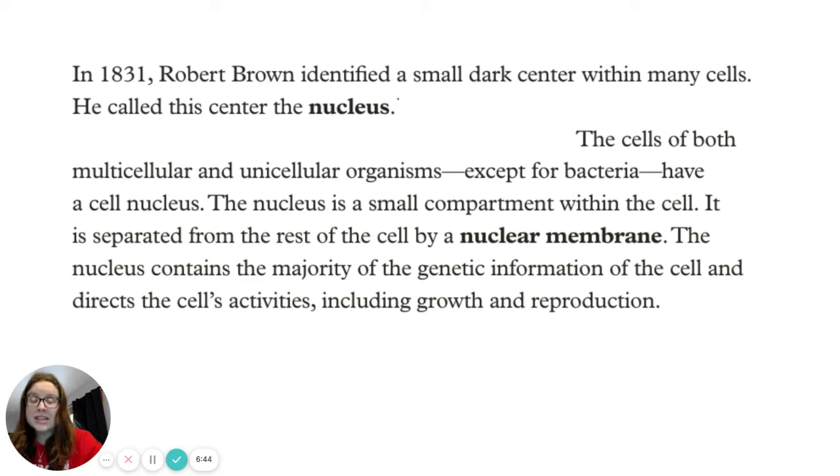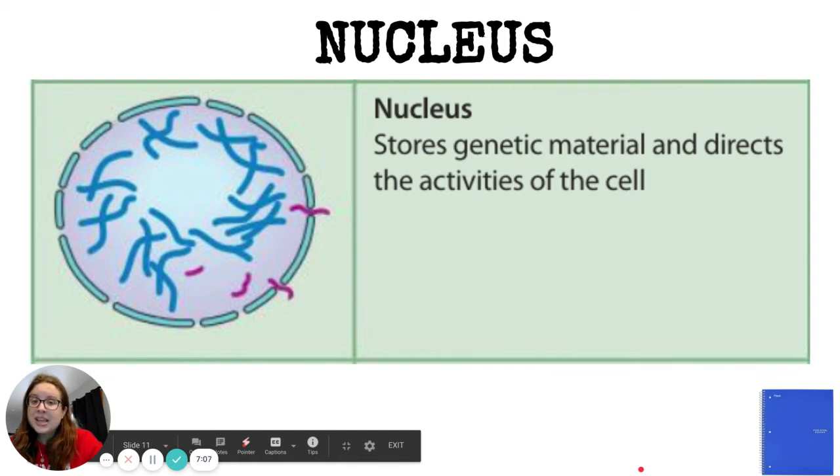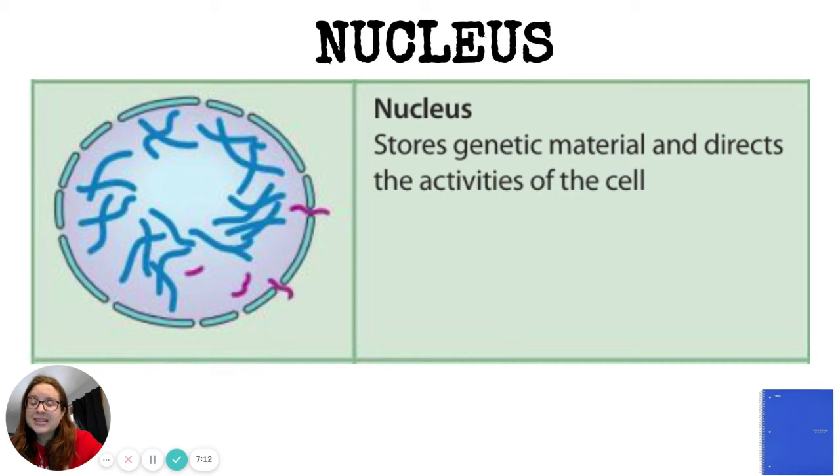The nucleus is a small compartment within the cell. It is separated from the rest of the cell by a nuclear membrane. The nucleus contains the majority of the genetic information, or DNA, of the cell and directs the cell activities, including growth and reproduction. So the nucleus stores the genetic material, or DNA, and directs the activities of the cell.